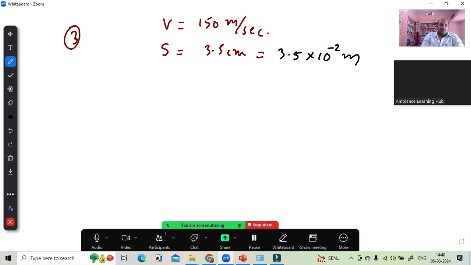In this case, they are asking us to find out the magnitude of the acceleration as well as the time.